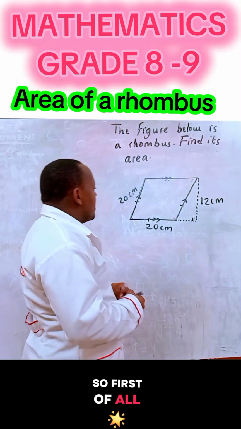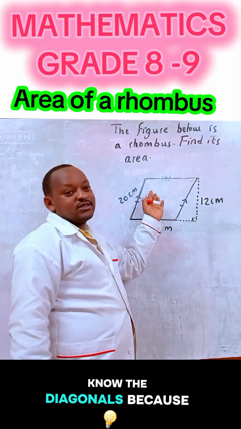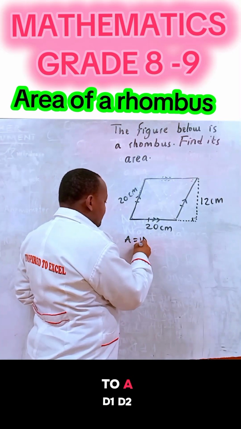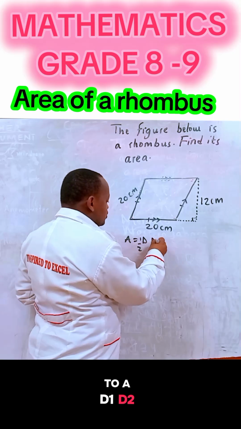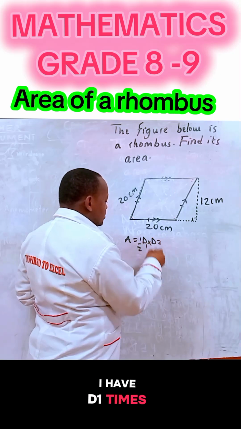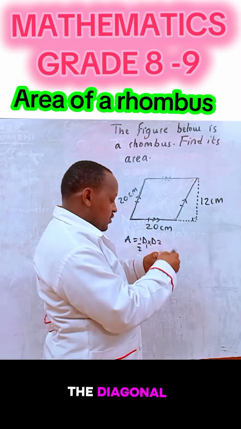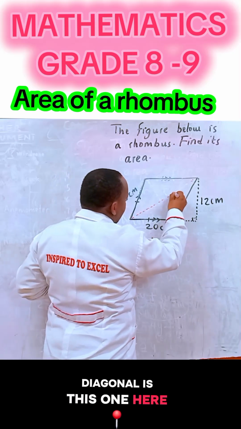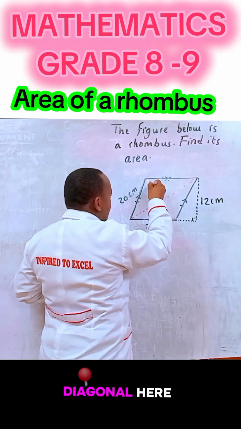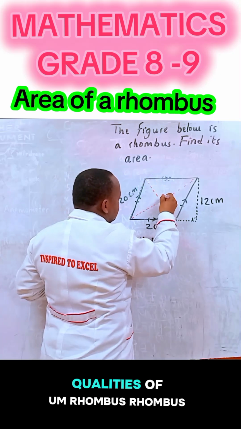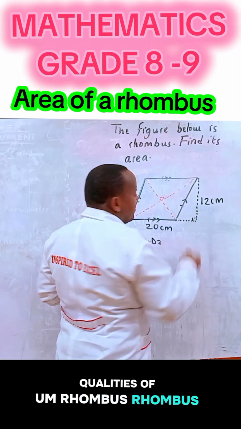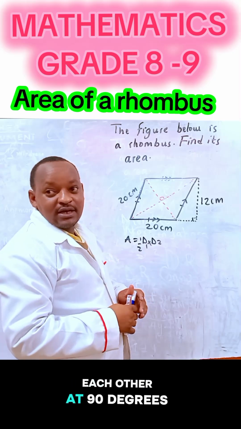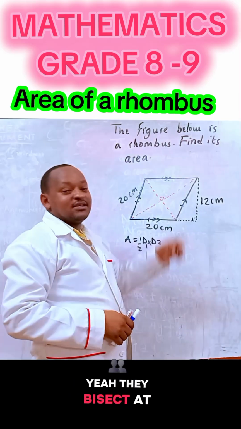So first of all, maybe we do not know the diagonals, because area equals half d1 times d2. That is the diagonal. The diagonal is here, all the way to there, and the other diagonal here. Do you know the qualities of a rhombus? Yes, diagonals bisect each other at 90 degrees.